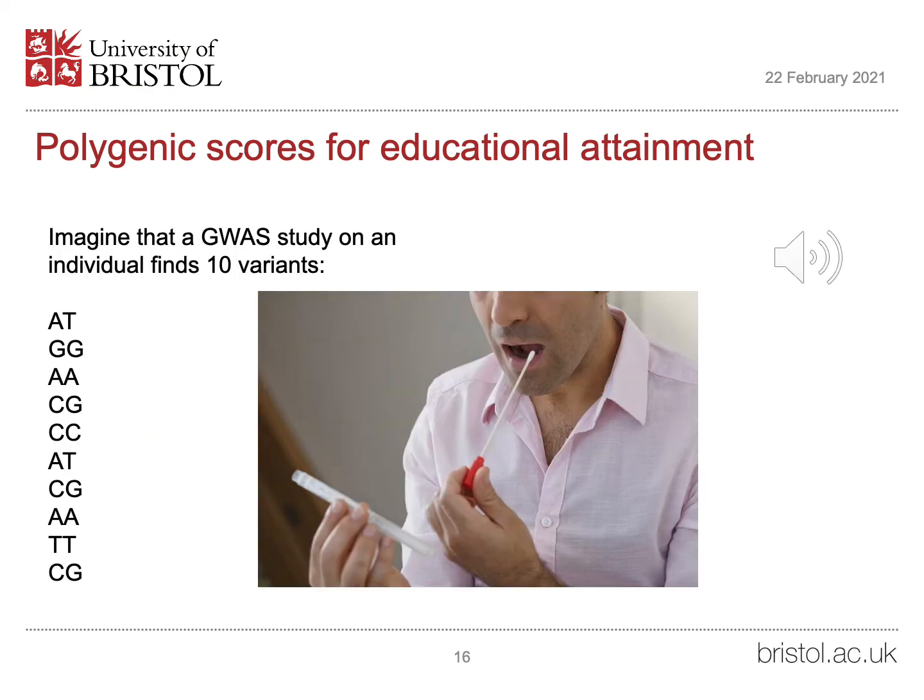So, how do we calculate a polygenic score for educational attainment? Well, imagine that a GWAS study on an individual finds 10 single nucleotide polymorphisms, or 10 variants, as shown on the screen.